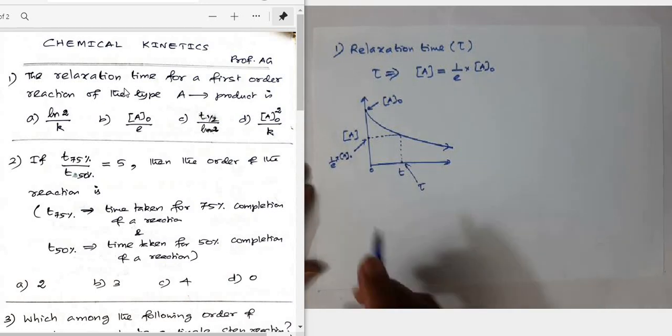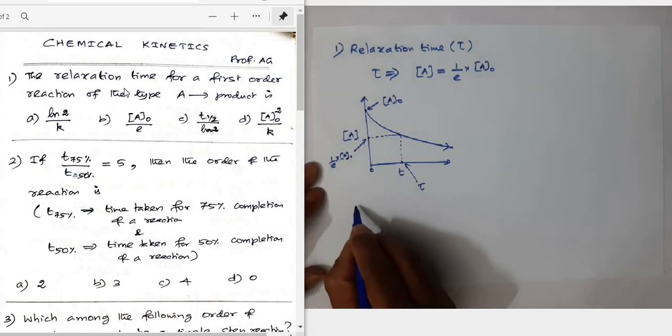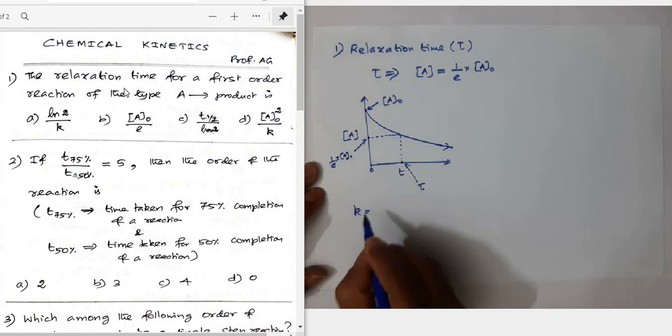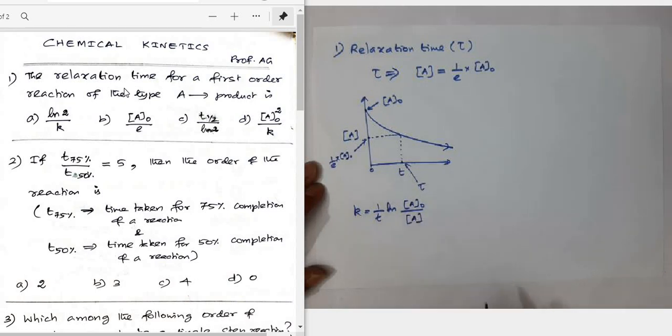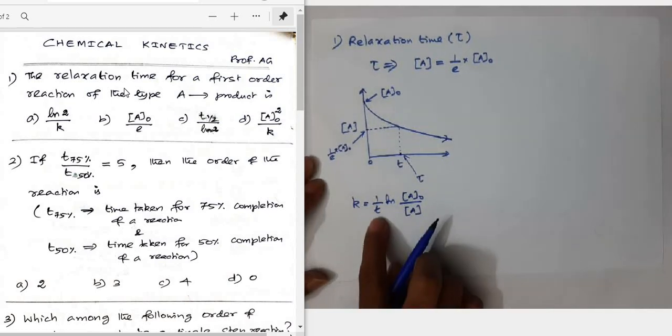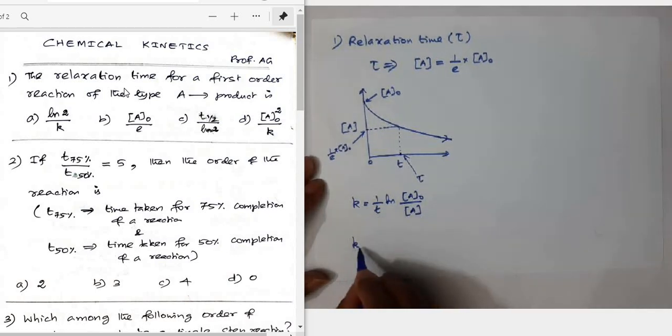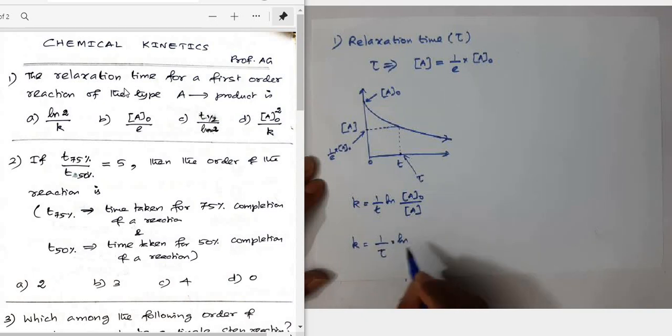You know, for a first order reaction, rate constant K equals 1 by T ln initial concentration of the reactant by concentration of the reactant at time T. When time attains the relaxation time, T is replaced as tau, and ln of initial concentration divided by concentration at relaxation time becomes equal to 1 by E times A naught.